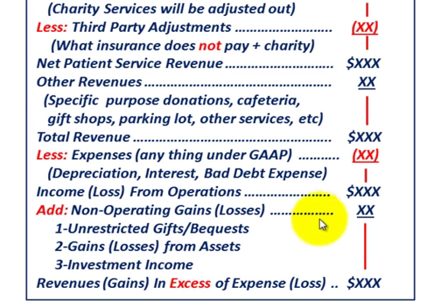You add those to your income or loss from operations, and that gives you your revenues or gains in excess of expenses or losses. That would be the bottom line to determine any income earned by the hospital.